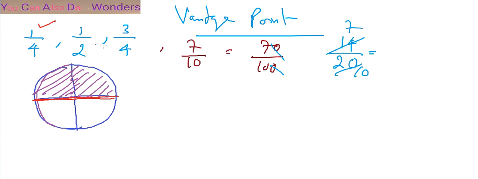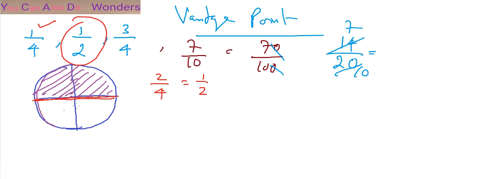Earlier we saw 1 by 4; here this is half. Another way of saying it is, out of 4 parts, the shaded portion represents 2 parts. So 2 out of 4, which if we simplify, gives 1 by 2. This is what 1 by 2 or half means.